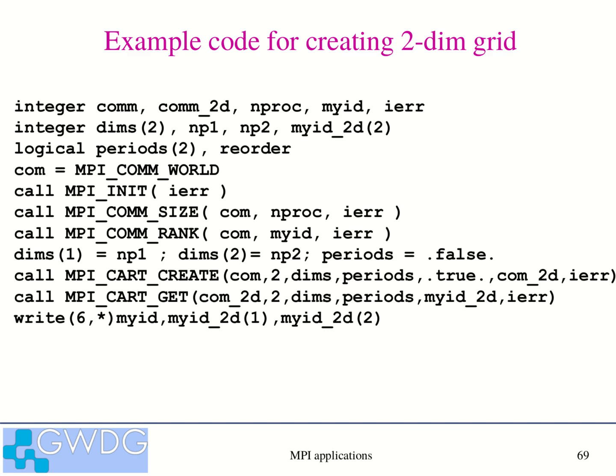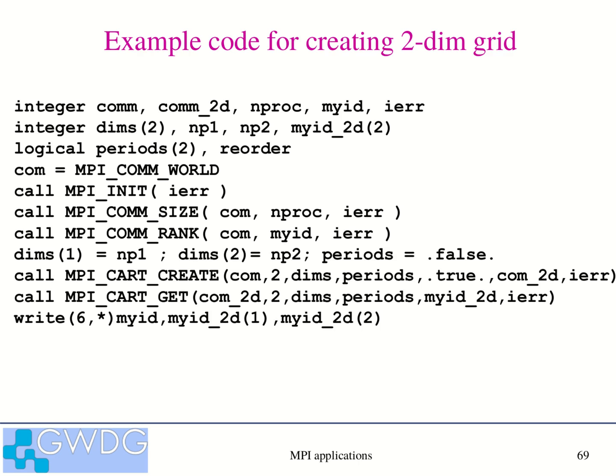Then I call the creation of the Cartesian grid with the old communicator, which is MPI_COMM_WORLD. I have two dimensions, and the dimension array as I have written here, the periods, and I want the system to be able to reorder the linear numbering of the processes.